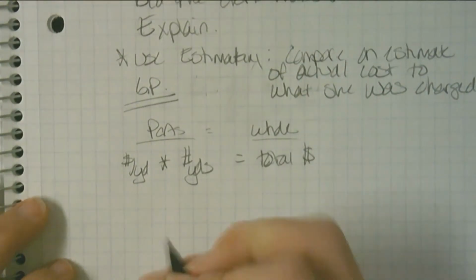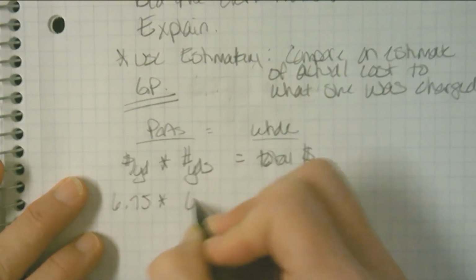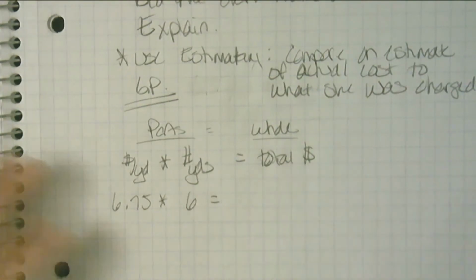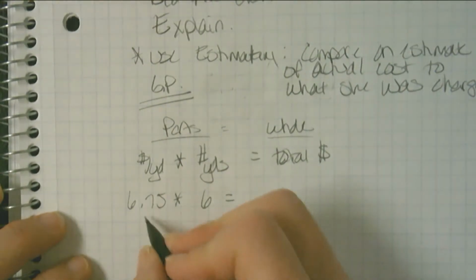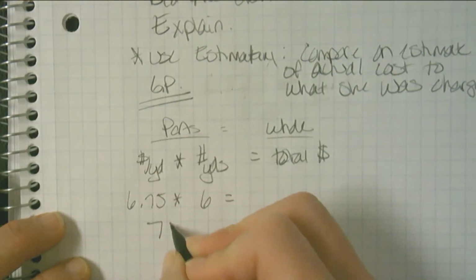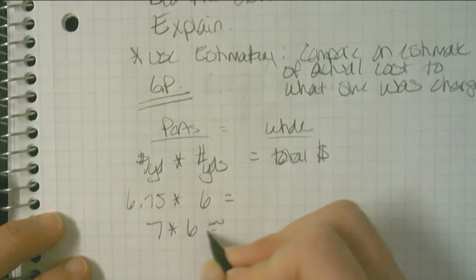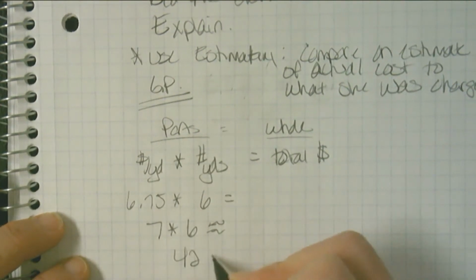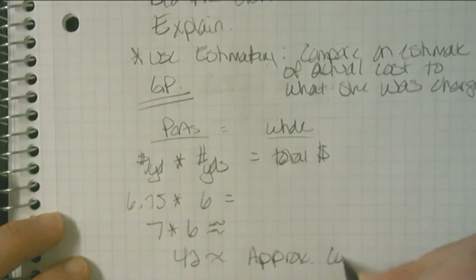So Mateo's absolutely right. If I put my actual in, it's $6.75 times 6, and I want to know what that total cost is. But for estimating, Mateo, I love what you said. 6.75 is 7 if we round it. So if we do this, my estimate of my cost is $42, approximate cost.